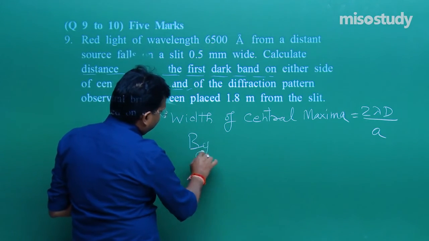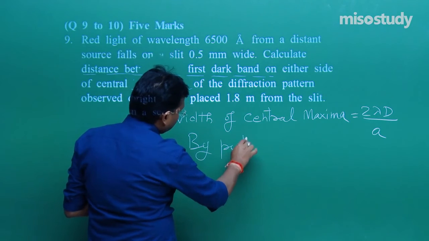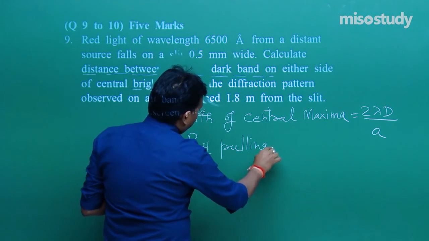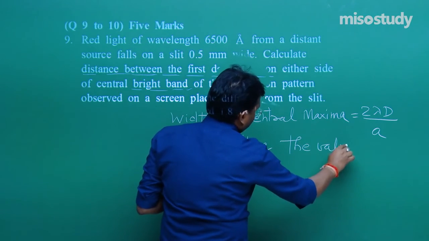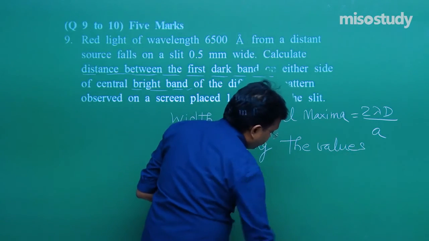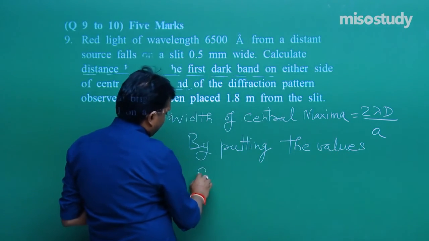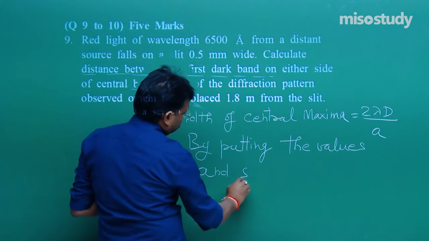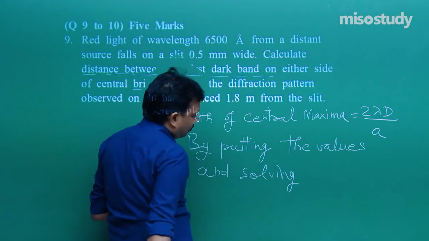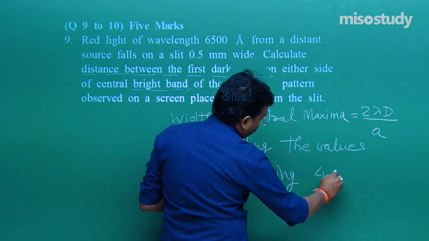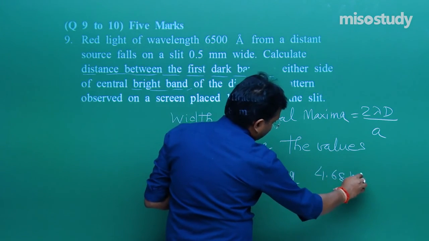By putting the values and solving, we will get it as 4.68 millimeter.